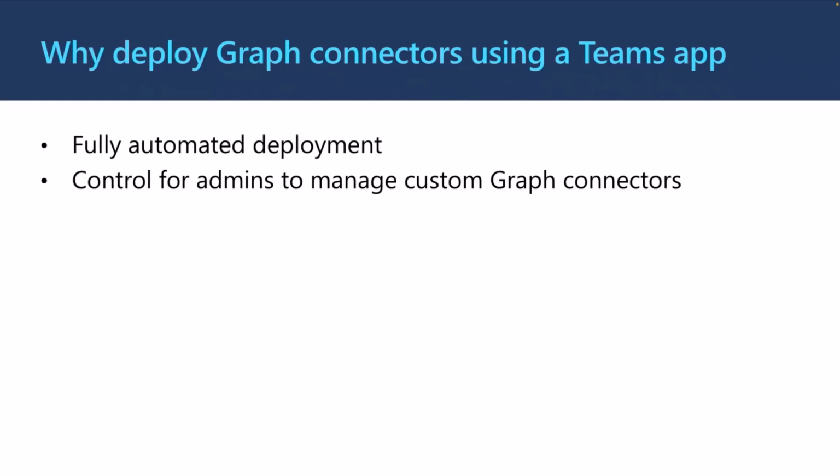Because when you think about a connector, before it can ingest the content from your external system, it needs to create a connection and a schema. So you need to have that initial setup first. You can do it from your code, but somebody needs to start that code. If you use a Teams app to deploy a connector, you will get a UI for that.